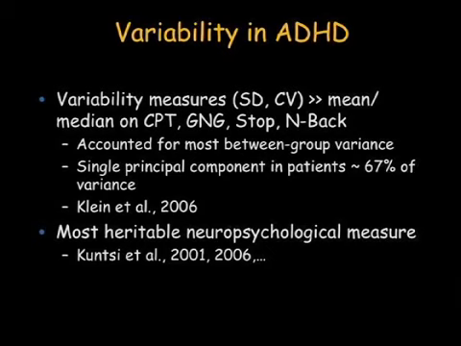And around that same time, there was a group in Germany, Christoph Klein and colleagues, who published several measures: go, no go, stop task, continuous performance task, and N-back. And regardless of the task, the variability of the children's response times, measured in a couple different ways, was always the best way of discriminating the children with ADHD from the controls.